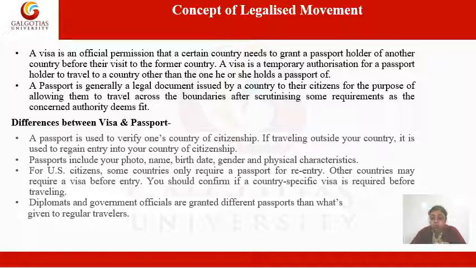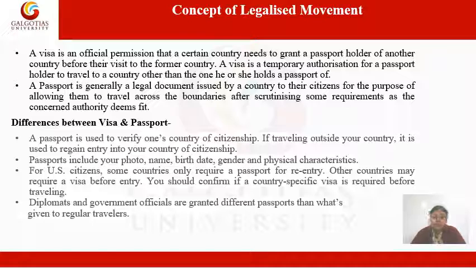When I want to go to the US, I need to go to the US embassy and take their permission on whether they will allow me into their country or not. Even though I have been issued an Indian passport by the Indian government, that is their permission that I, as an Indian citizen, can go outside the country and can come back when my objective for going outside is fulfilled.